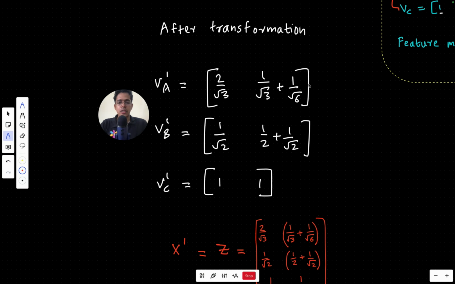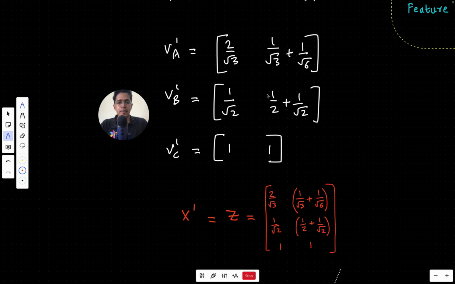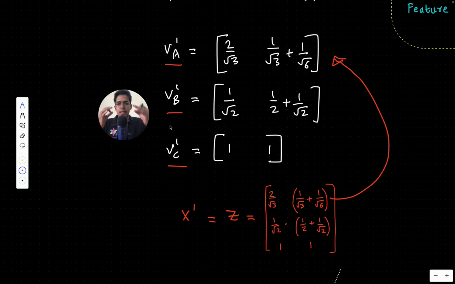Based on this, we can write the individual feature vectors: the first row will be the first feature vector, second row the second, and third row the third, VA prime, VB prime, and VC prime. So this is how we transformed the value of the features of these individual nodes by considering the value of itself and the value of its neighbors. This is how we perform the convolution operation.